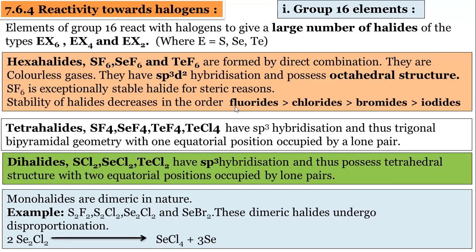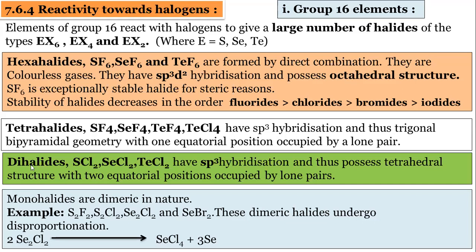And in the stability of halides, fluorides are more stable and the iodides are very less stable. Then I am coming to the tetrahalides. Always remember the geometry is trigonal bipyramidal. When the hybridization is sp3d2, the geometry is octahedral, and when sp3d hybridization is there, the shape is trigonal bipyramidal.